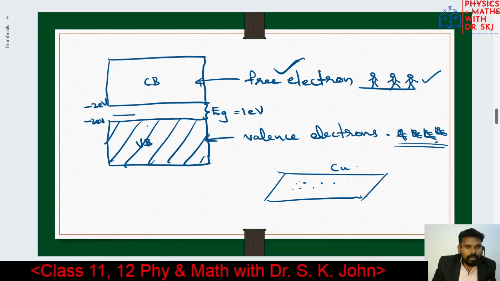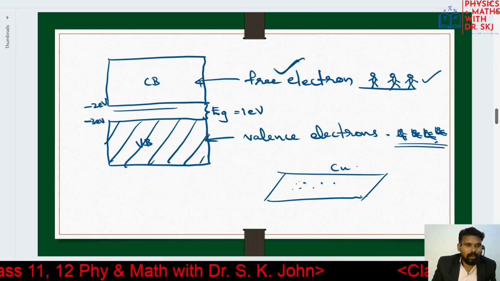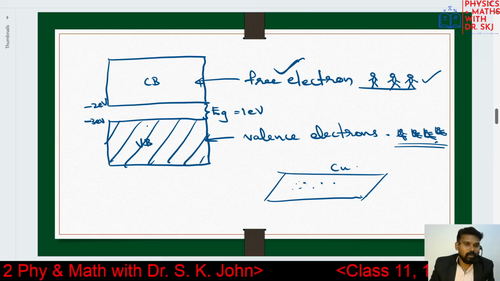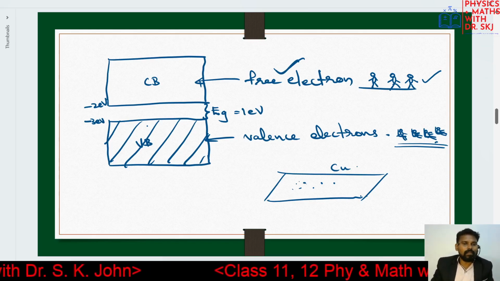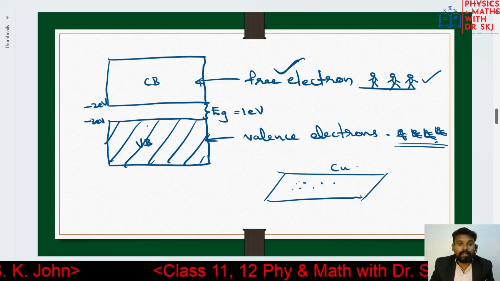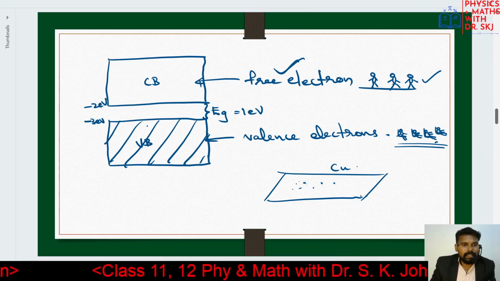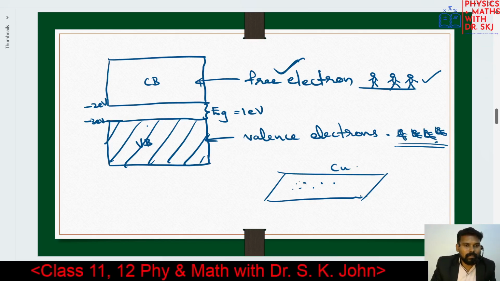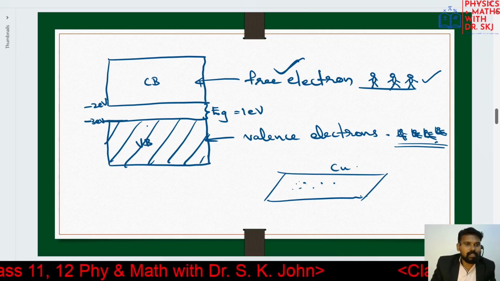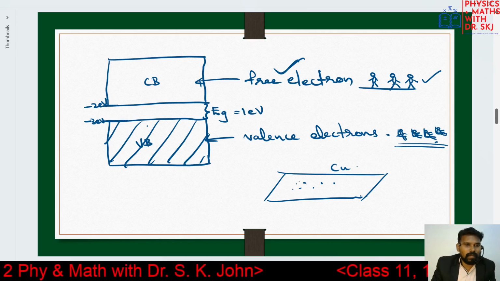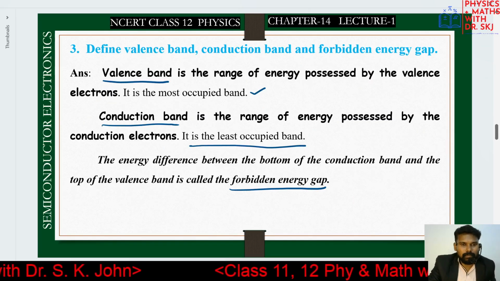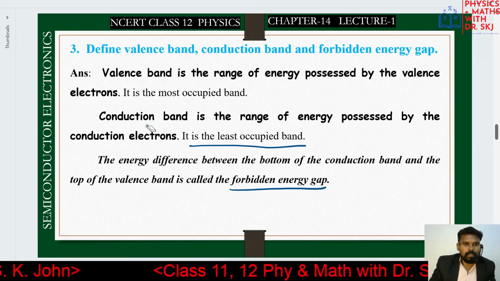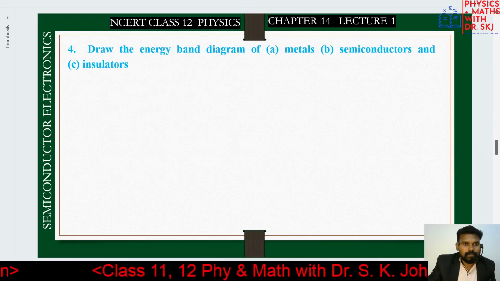No electron can occupy these levels, otherwise there are no seats there, so nobody can occupy those energy levels. So it is called the forbidden energy gap. The energy gap between the topmost level of the valence band and the bottommost level of the conduction band is called the forbidden energy gap. So you can study these definitions.